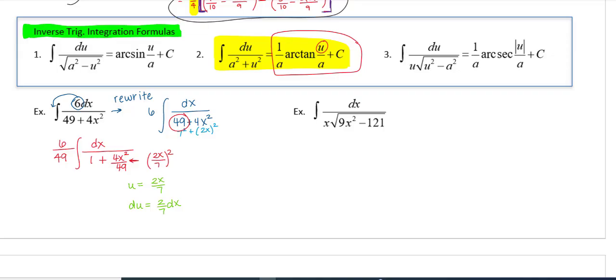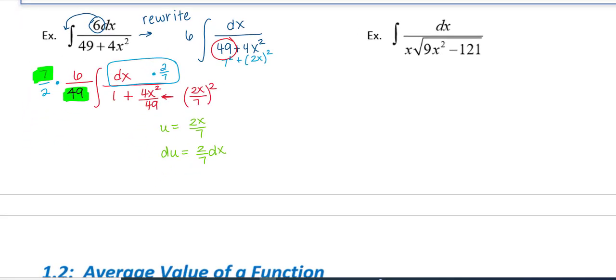So I will multiply in a 2/7 so that I have my du up here, and I will multiply out a 7/2. And yes, it will be very obvious to you that you're doing it right, because you will see that those should divide or simplify pretty nicely as you go through. So that'll leave a 7 and a 3.